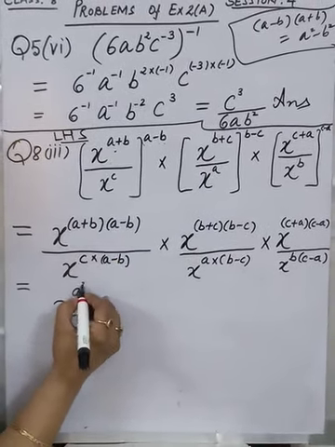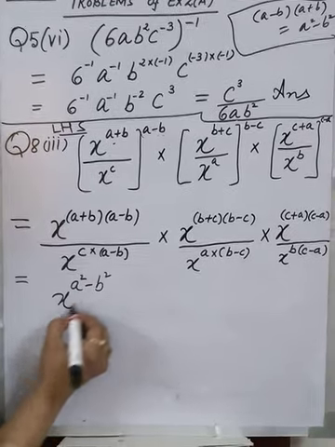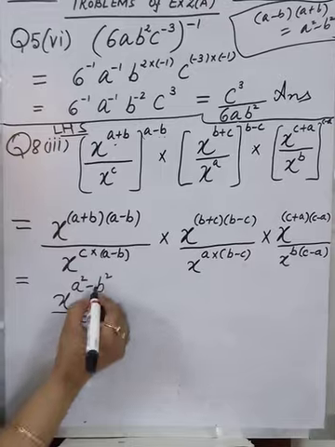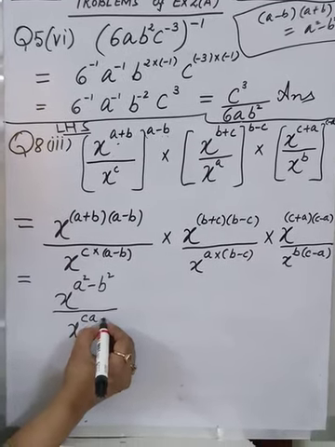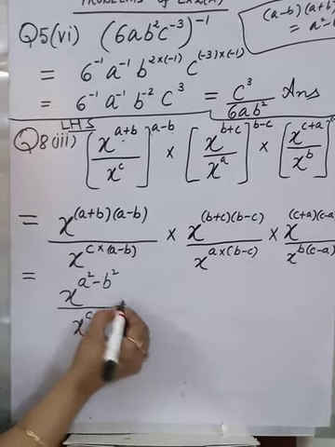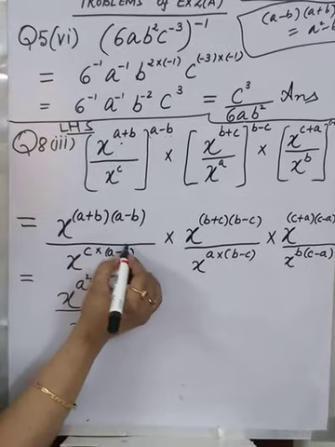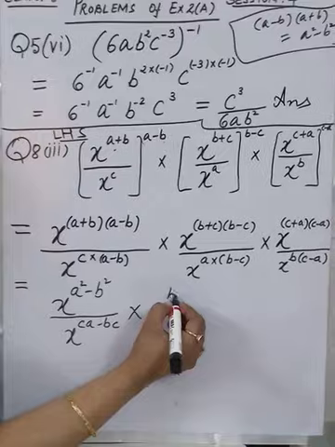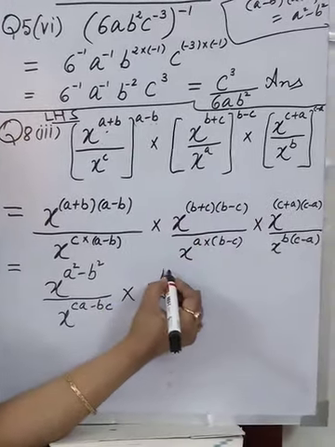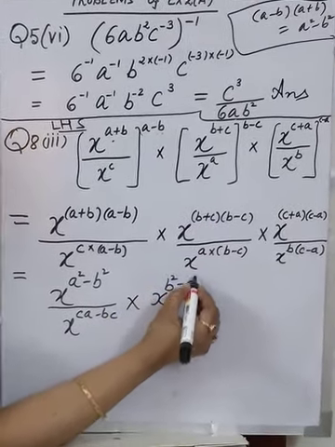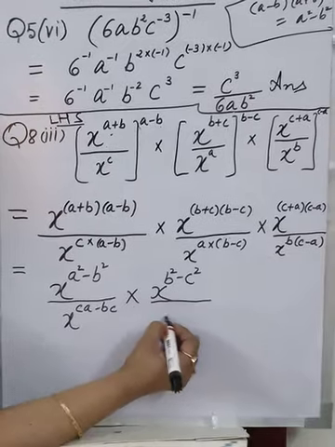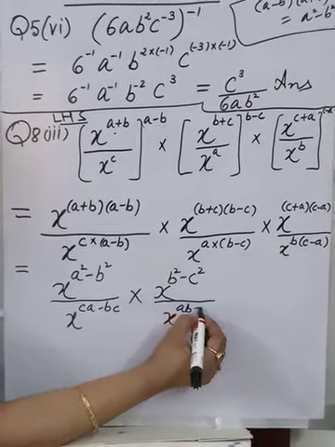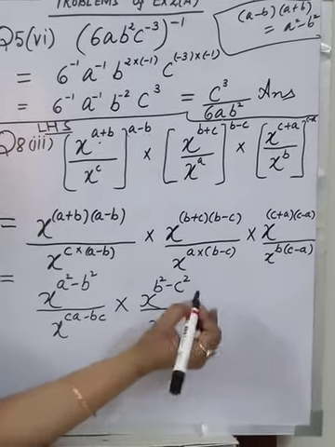X to the power a square minus b square, x to the power c into a minus b into c. The c is multiplied with a as well as with minus b. What we get here? B plus c into b minus c will give you b square minus c square. And in the denominator we will have a multiplied with b as well as a multiplied with c.